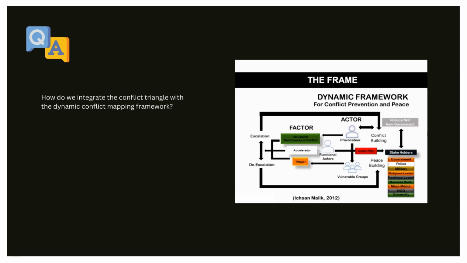We should not only find the trigger, but also analyze the accelerator and the structure of the root, like the conflict tree, to see the root, the trunk, and also the leaf. It is important, which is why the ABC triangle is important.